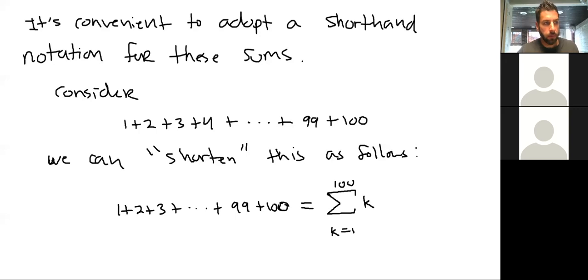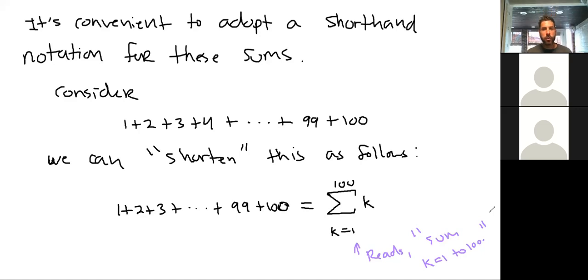So this is usually frightening for first timers. This thing right here reads: sum, k equals 1 to 100. That's how you want to read it.